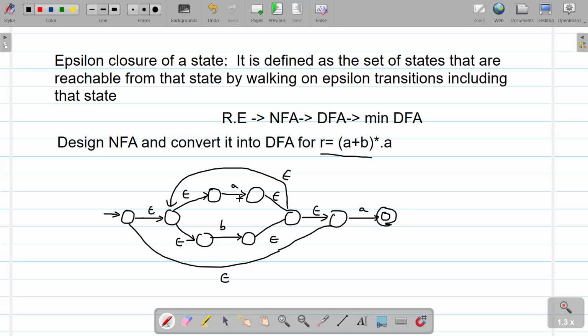So sometimes you can get a question, write a regular expression for a set of all strings ending with a. So first the expression will come, then you convert it into NFA. So we write the numbers 0, 1, 2, 3, 4, 5, 6, 7, and 8 is our final state.